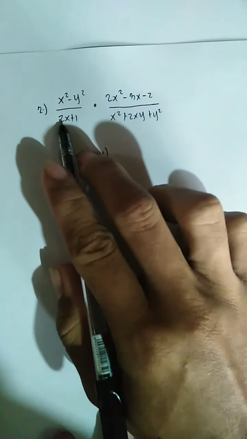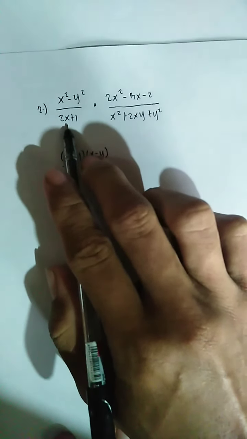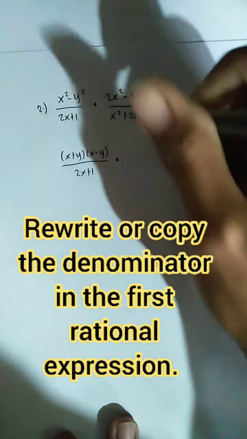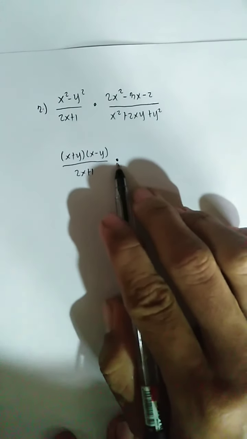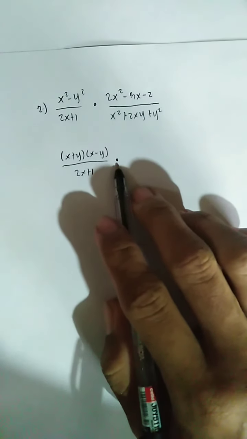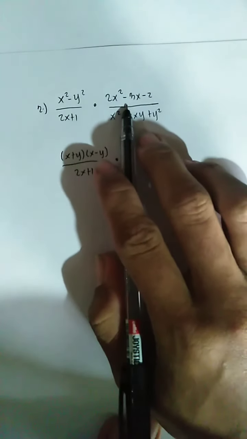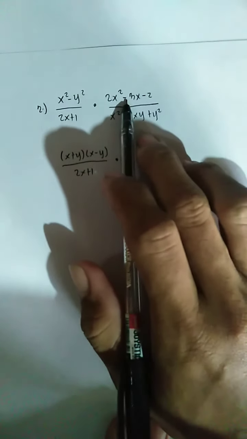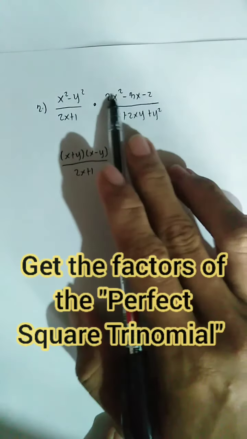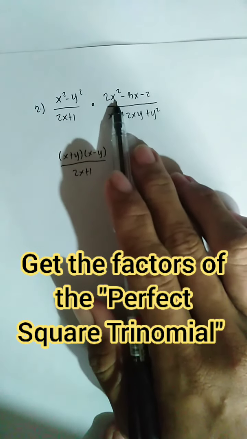Then since our denominator here is already in simplest form, you can rewrite that one, 2x plus 1. Then times. You can use this dot as the notation for multiplication, or you can use parentheses or brackets. So we have 2x squared minus 3x minus 2. Again, as you can observe, this is a trinomial. I hope you already have knowledge of how to get the factors of it, so you can use trial and error, right?